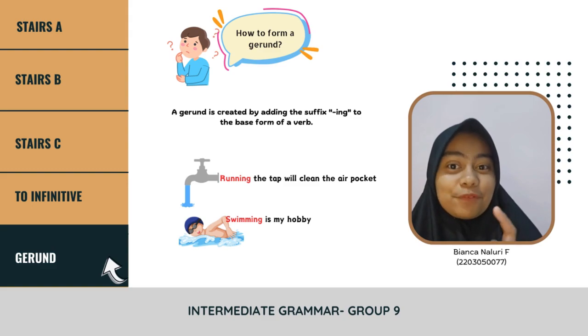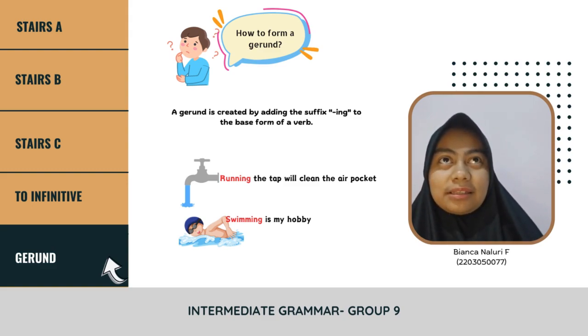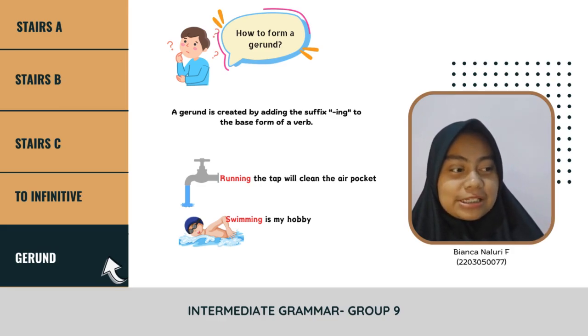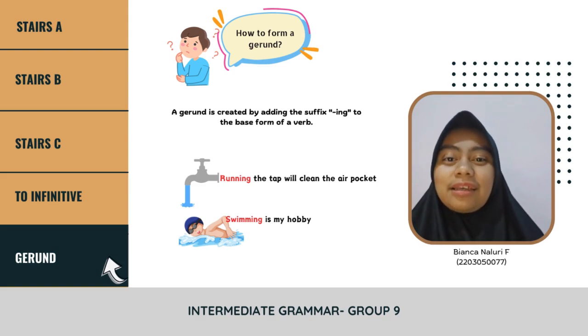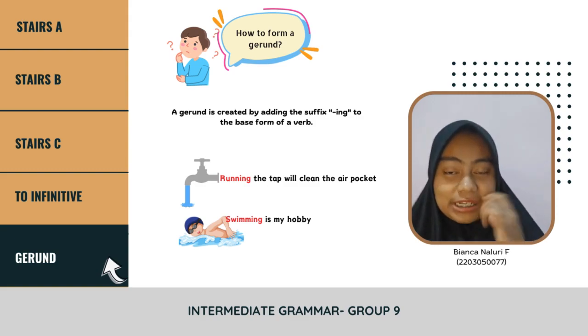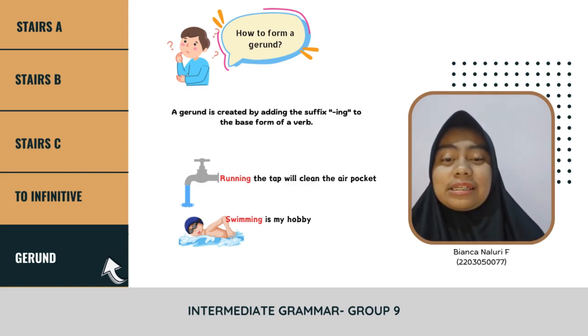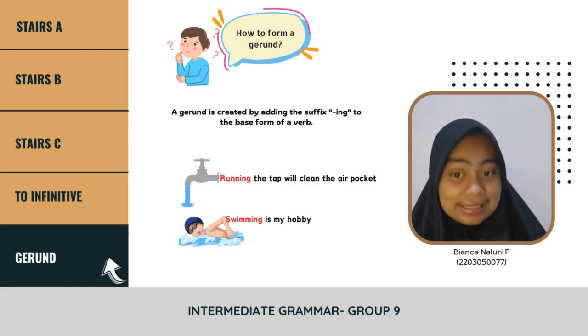It's just the same, verb-ing, but the meaning is different. In simple present continuous tense, swimming here or drinking here will be a present participle, and it's a verb, and it is different from gerund, because gerund is a verb that acts as a noun.